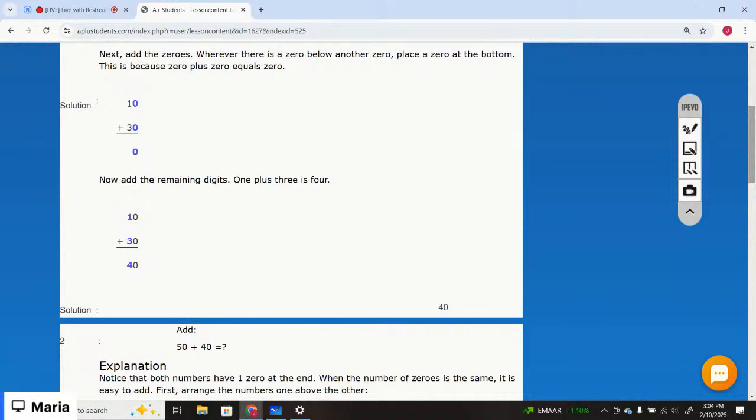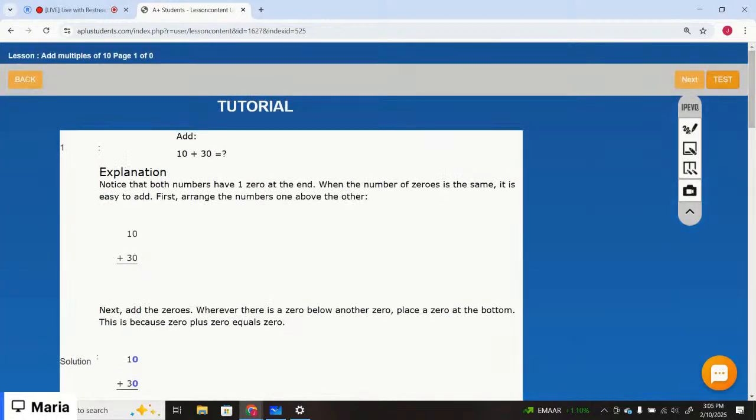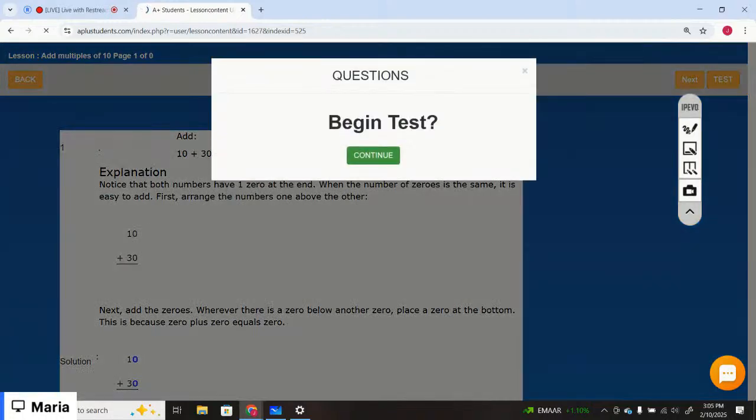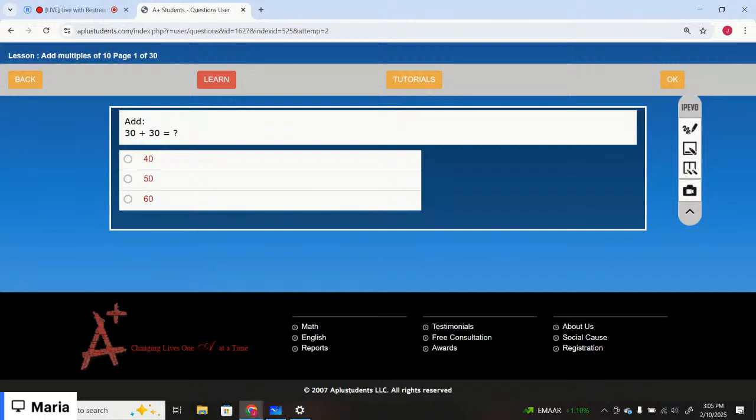Let's just start with the test questions. 30 plus 30. Both the numbers have exactly one 0.